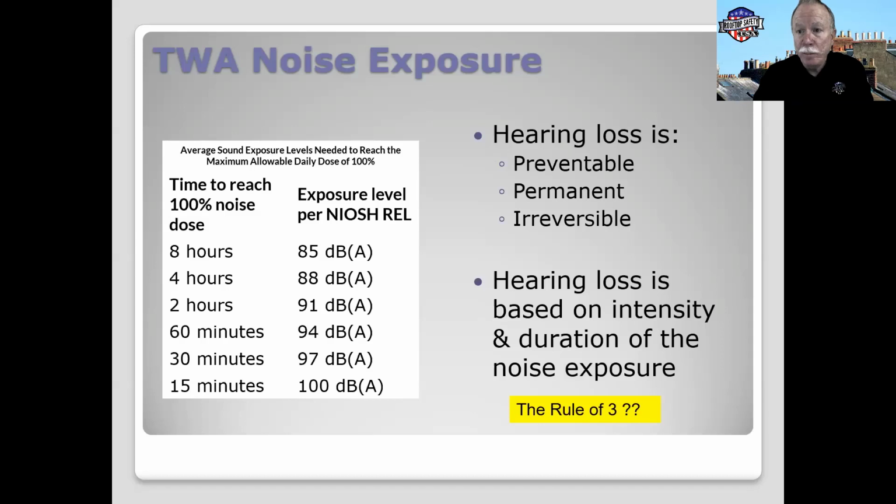If it goes up to 91 decibels, another 3 dB increase, it's again cut in half down to 2 hours. So you can find some situations where the noise protection is going to be necessary in our typical work processes.